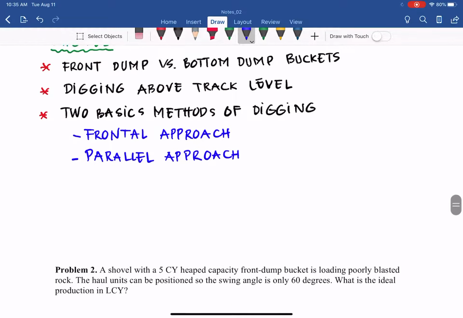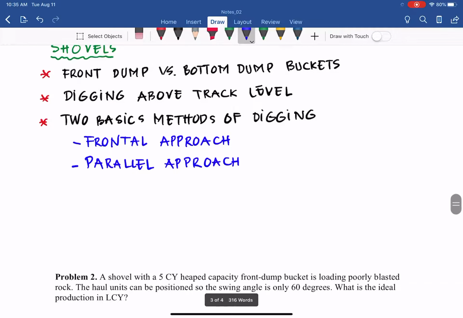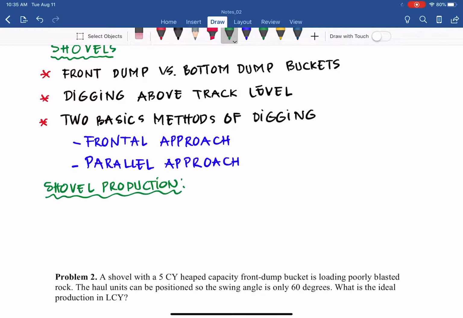Similarly, to find out the shovel production, we can have the production similar to the backhoe, measured in loose cubic yards per hour.